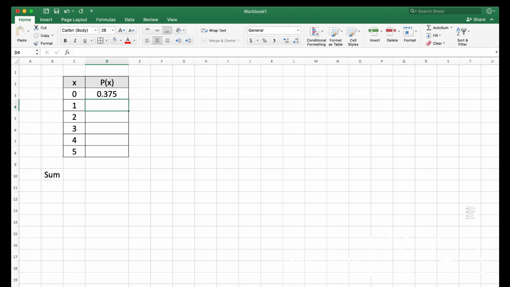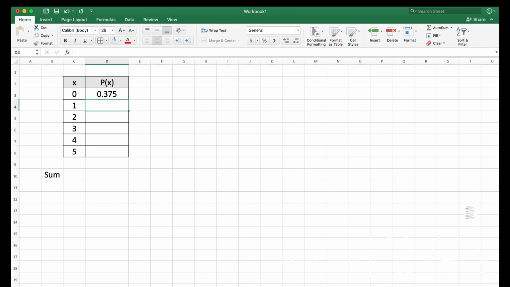Okay, and that represents again 37.5%. So what this means is the probability that someone in this table, if you select somebody at random from the table that we use that's in this worksheet, the chance they have no children is 0.375.